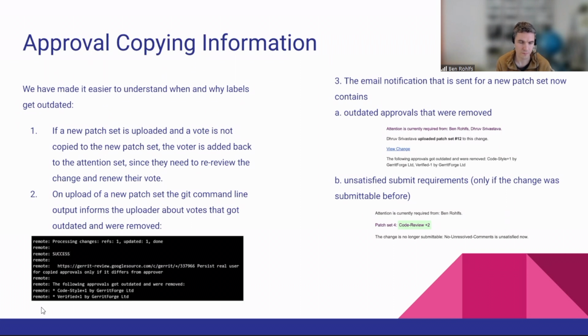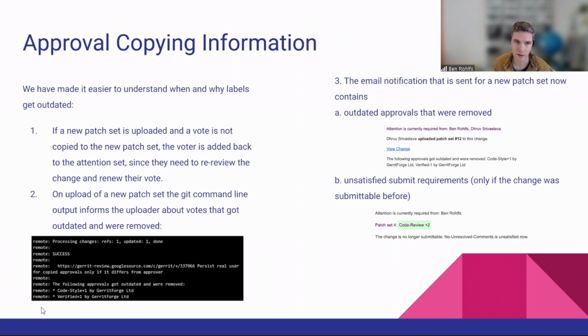First change, of course, is to actually add the user back to the attention set if a vote was already given, but then it's outdated because of a new patch set. So this is the first information that you need. Then for the owner, when you upload on the command line, you get the information immediately if any labels have been removed because of how their copying is configured.